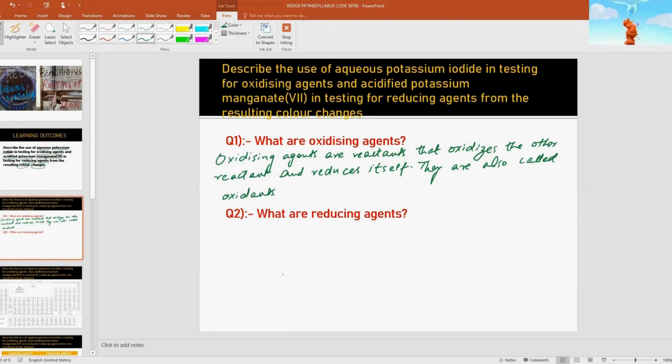What are reducing agents? You can easily define reducing agents in the same way.